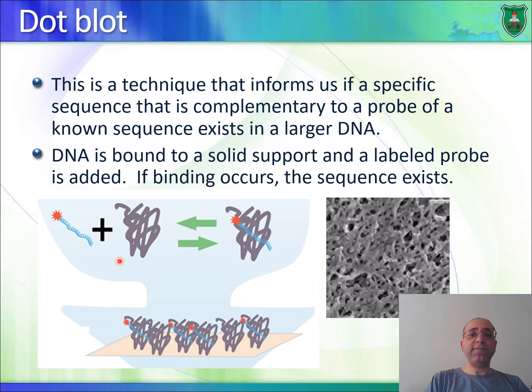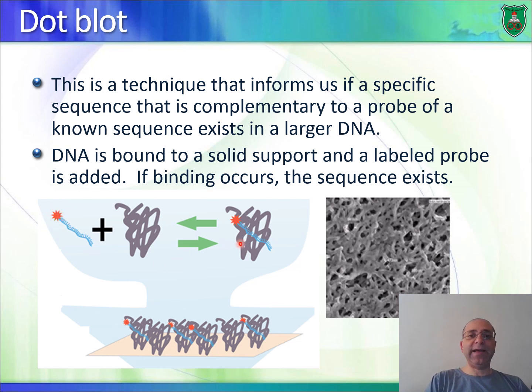Now, if in this whole DNA there is a sequence, a region that is complementary to the probe, then the probe would bind to it. It would hybridize to it. And remember that the probe is labeled.